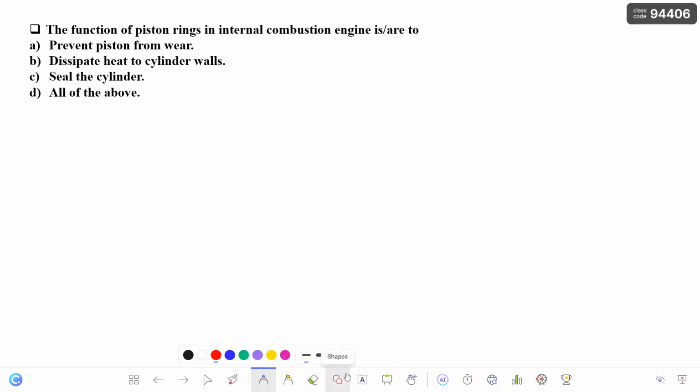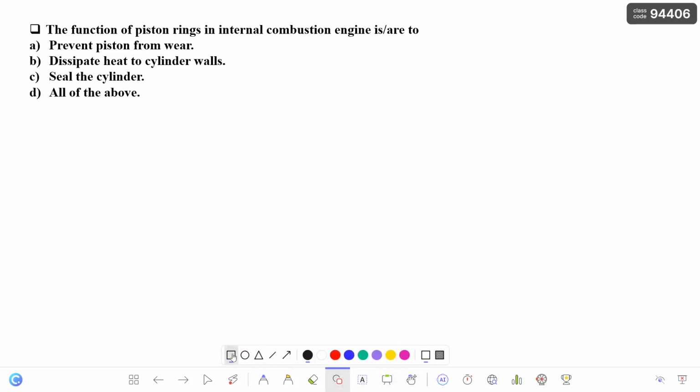We'll wait for 5 seconds. 5, 4, 3, 2, 1. So he said seal the cylinder. Anyone else want to answer? Option A. Okay, I will explain this concept, then I think you will get the answer.